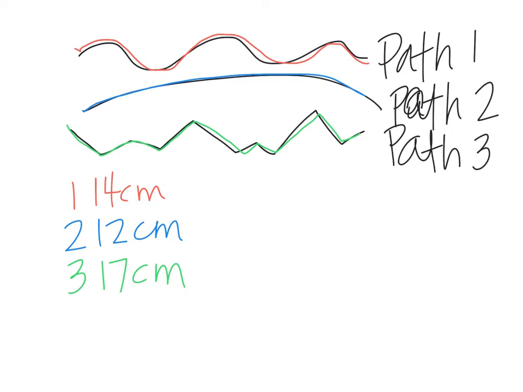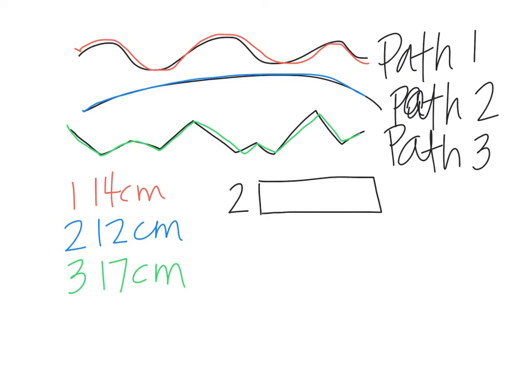So again, using my tape diagram, I have to decide which one is going to be the larger one versus the smaller. But I want to compare path 2 with path 3. So path 2 is 12 centimeters.